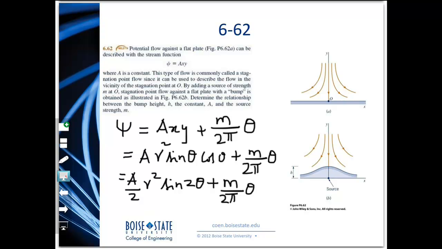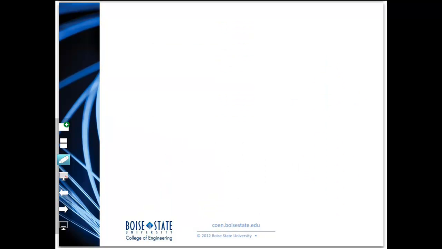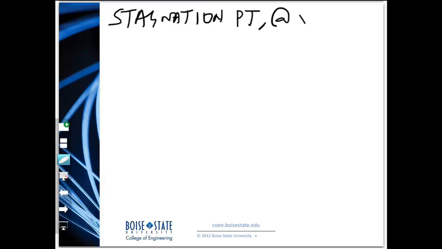And if you want to translate that to r and theta, r will be your h, and theta, if it is measured like this, will be your 90 degrees. So let me write those: stagnation point will occur at x equals 0, y equals h, or theta is pi over 2 and r equals h.